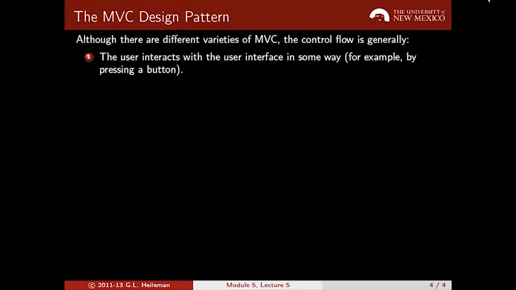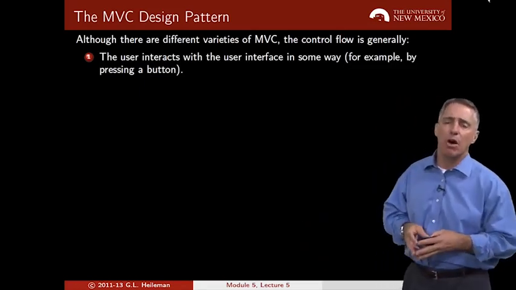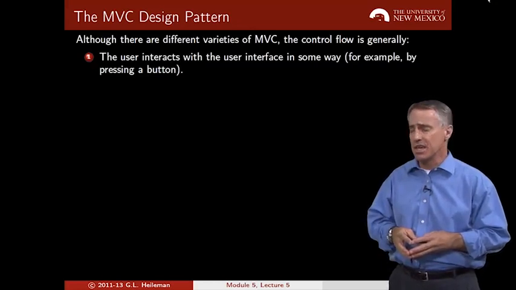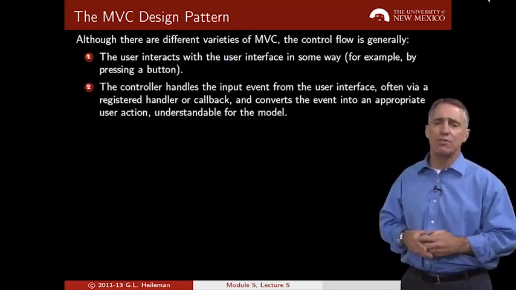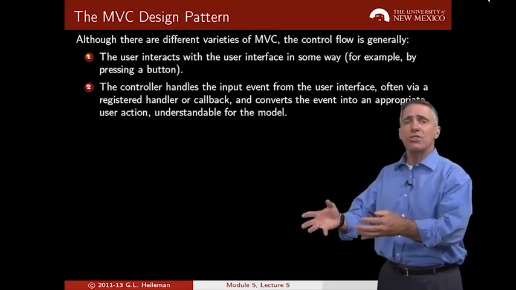Now, there are different varieties of Model View Controllers, as I've said, slightly different variations that determine how this flow of control goes. But here's a very generic one. This is kind of the basic idea behind Model View Controller. So the user is interacting with an interface in some way, and this typically involves pressing a button or filling out a form, doing something like that. The controller then handles the input request.